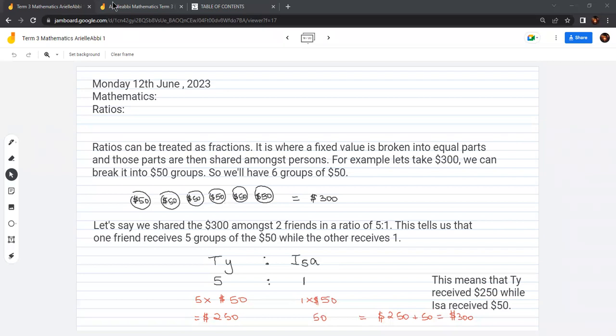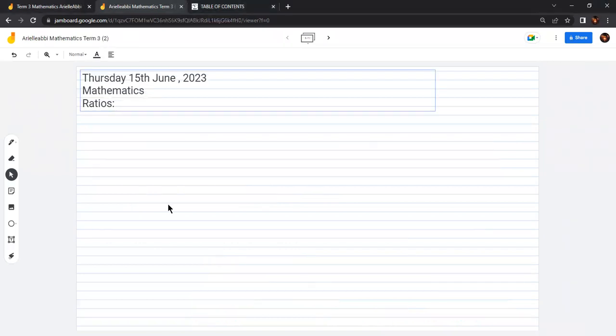So let's look at some questions when it comes to ratios.